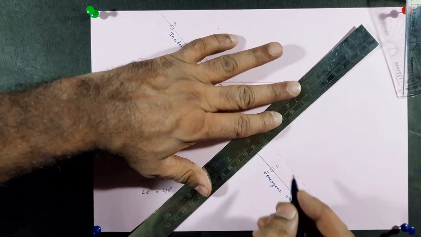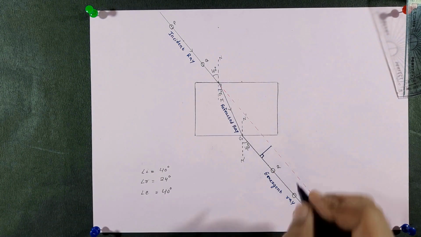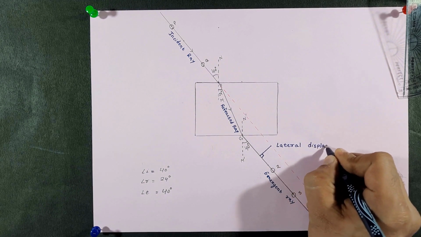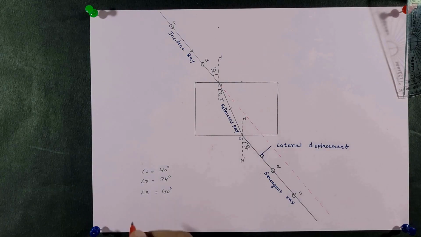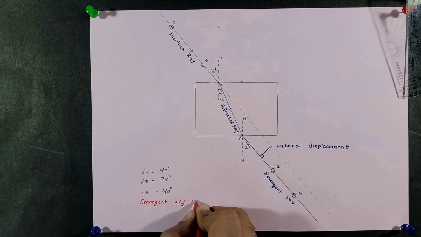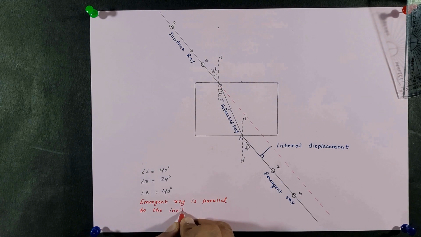Draw the perpendicular distance between incident ray and emergent ray. This distance is known as lateral displacement or lateral shift. This means that emergent ray is displaced laterally or sideways, and thus it is parallel to the incident ray.